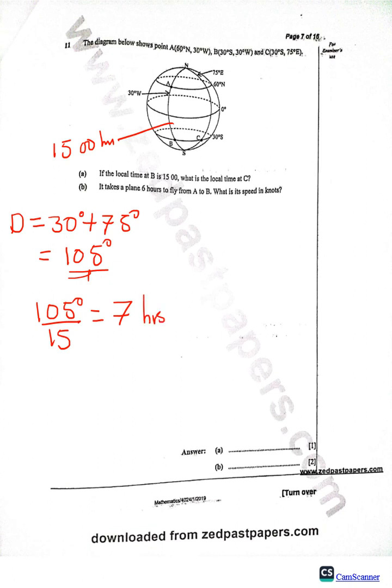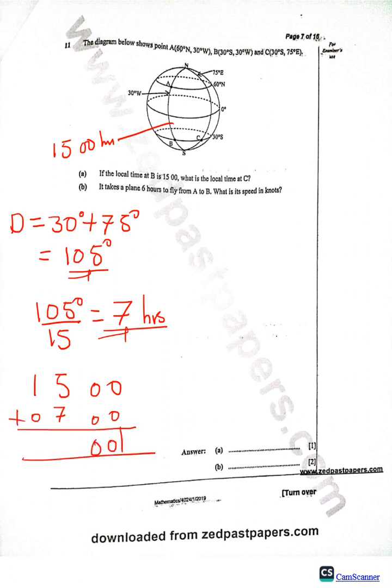Now after converting our difference in longitude into hours, we are finding the time ahead, so you add 15 hours plus 7 hours. So we are getting 22. So 15 plus 7, here we get 2, then 1 plus 0 plus 1 is 2. So that is what you do.